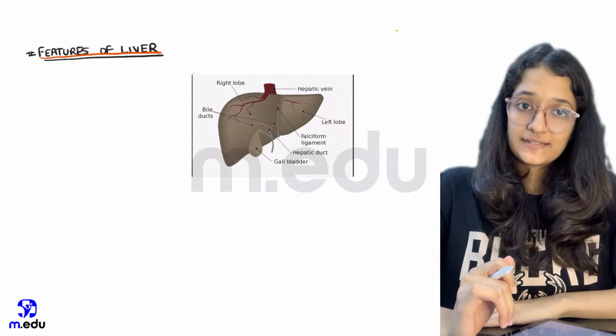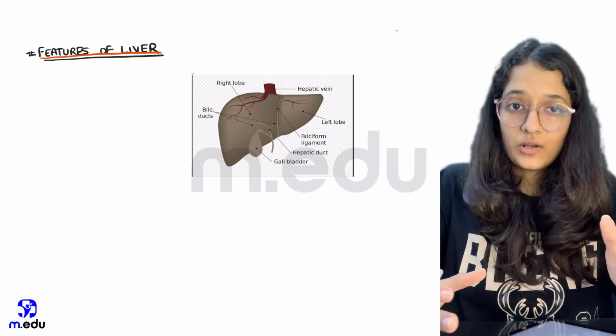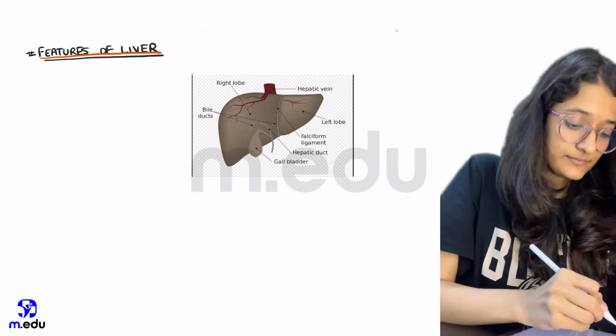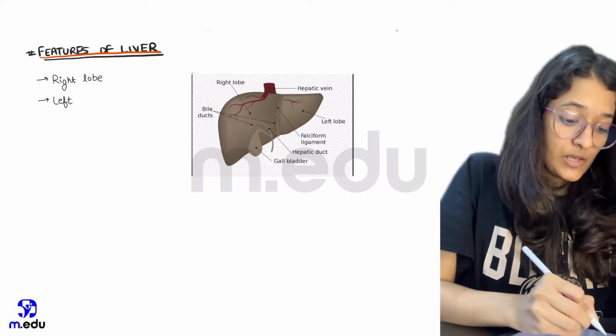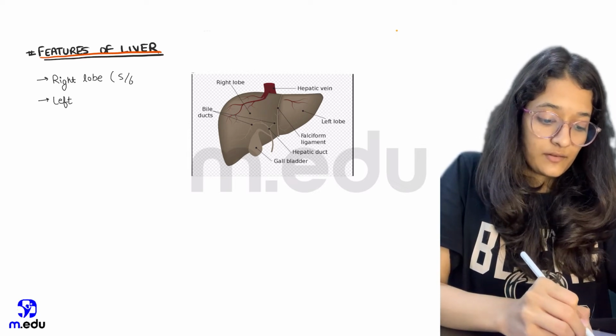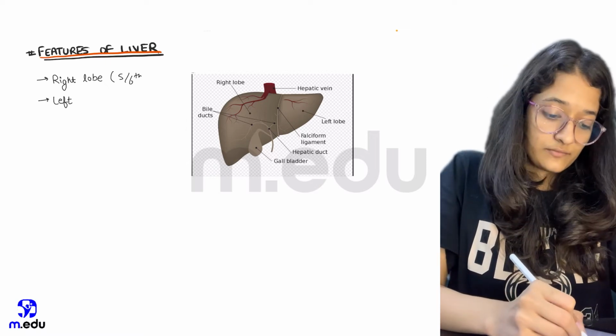Now let's start a new topic. Features of the liver. We all know the liver is divided into right lobe and left lobe. The right lobe occupies the 5/6 part of the liver, which is the major portion.